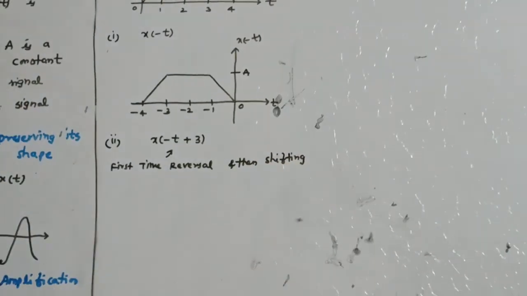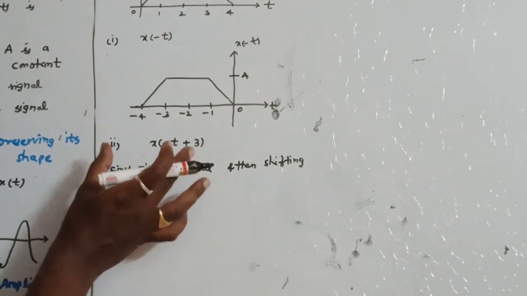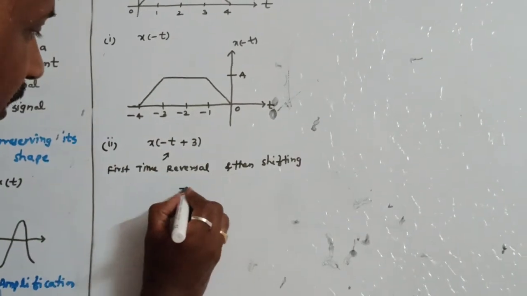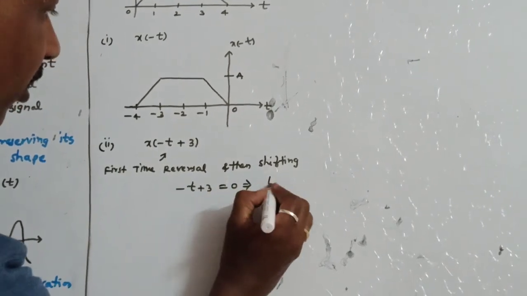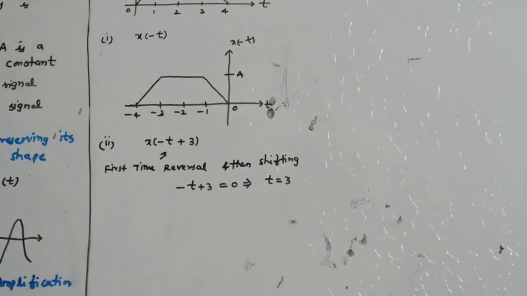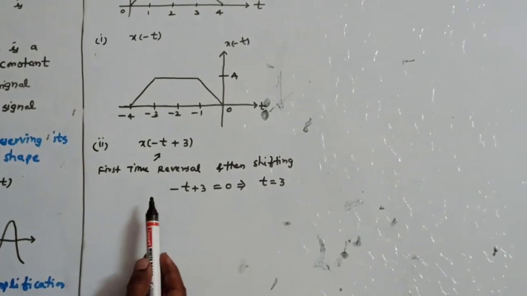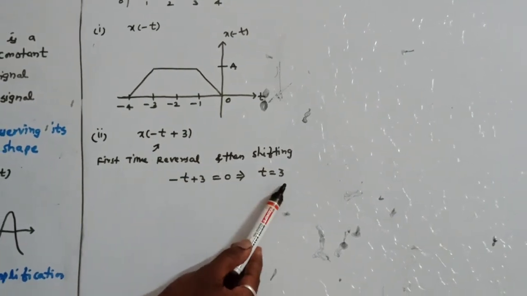Already we have drawn x of minus t. We have to shift x of minus t by how many units? Minus t plus 3 is equal to 0, from which t is equal to 3. So what I have said in time shifting, just draw the time reversal signal, and add 3 to the time scale.